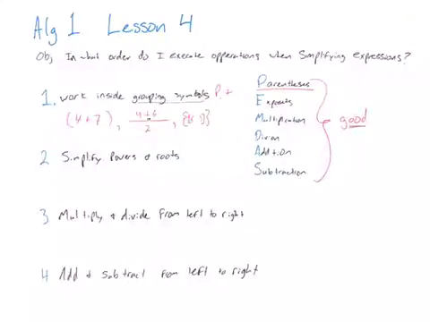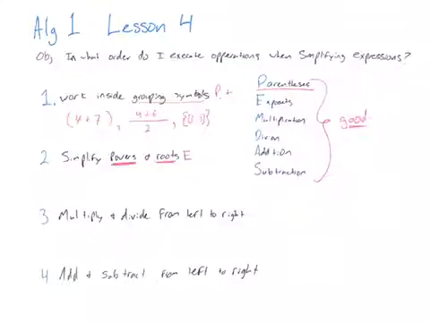Actually it means grouping symbols. The next one here is simplify powers and roots. Before, we just used the E for exponents, and exponents is another name for powers. Later you'll learn that roots can also be written as powers, but it just looks different.